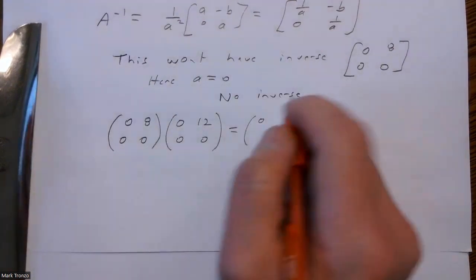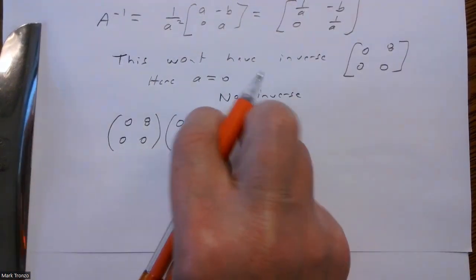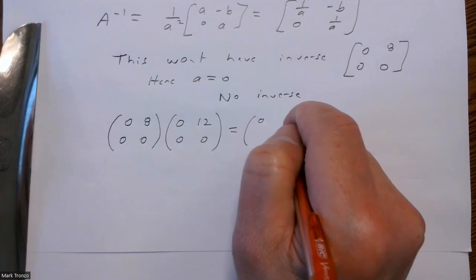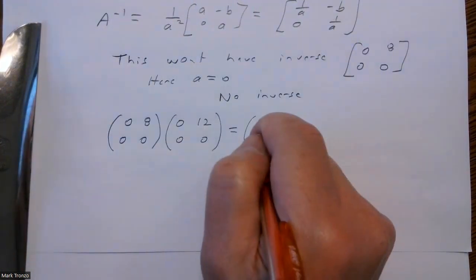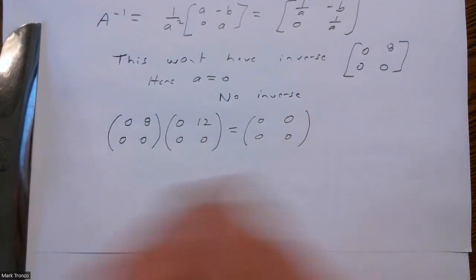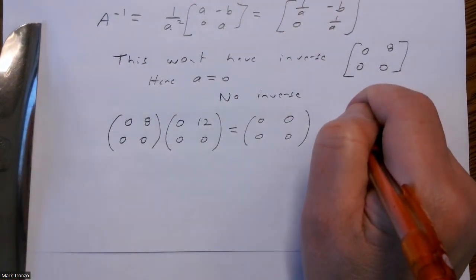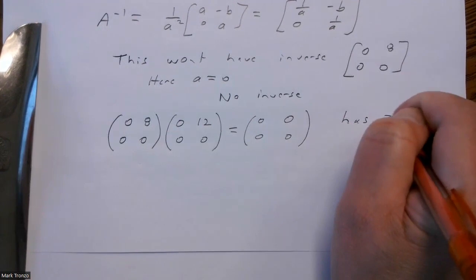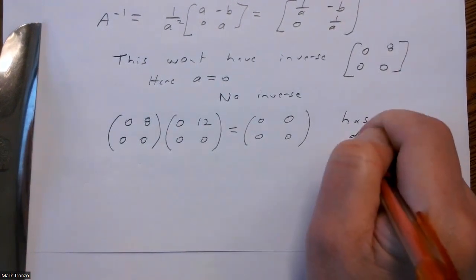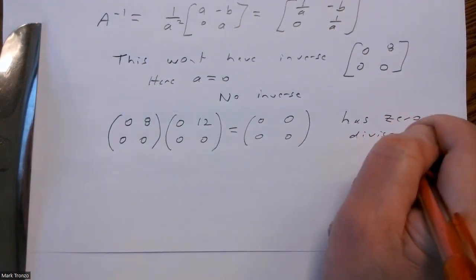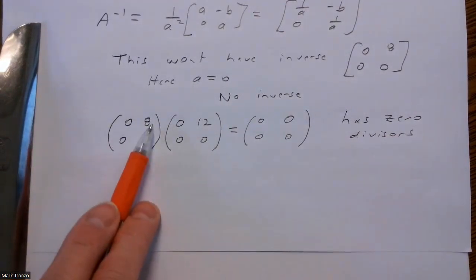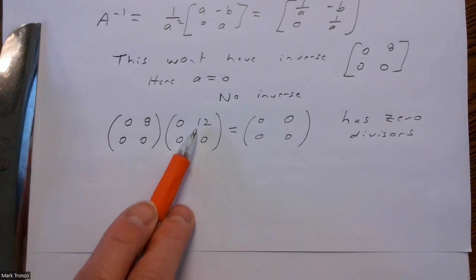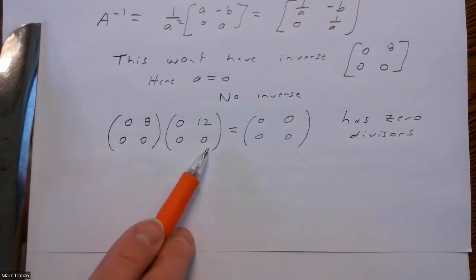Multiply this one, that'd be 0. And this is going to be, if I'm looking at that right, 0 as well, and then that's going to be 0. It looks like it has zero divisors, because this would be 0 plus 0, and then 0 plus 0.